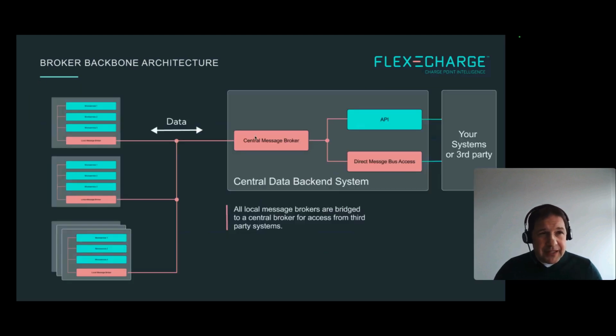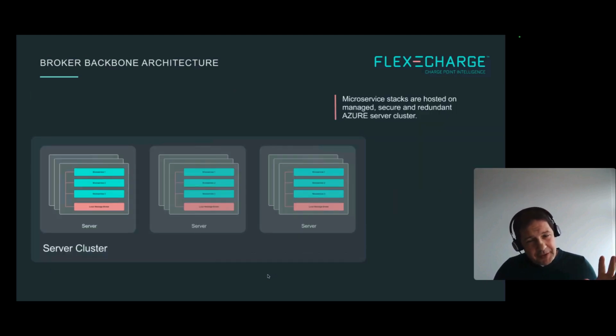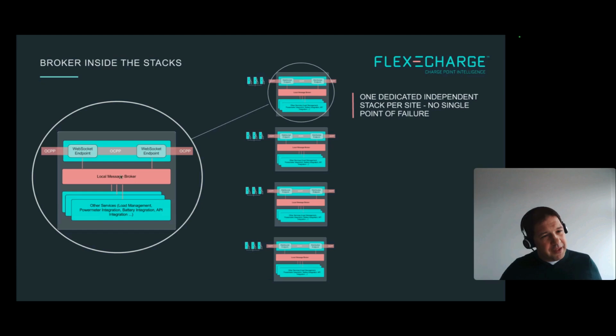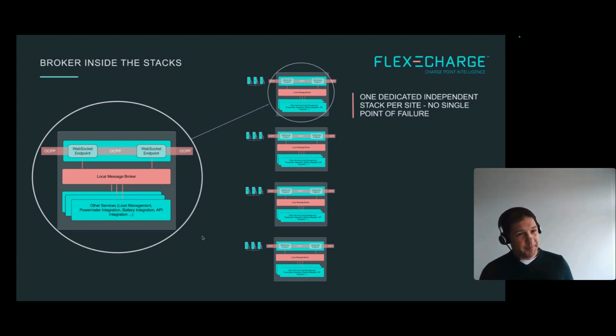Now, coming back to the broker, this was more the reliability, security, or redundancy part. Now, we talked a lot about the central and local message broker. Your question might be, okay, that's all nice, but if I have 500 sites and 500 of these microservice stacks running, how can I get my data?